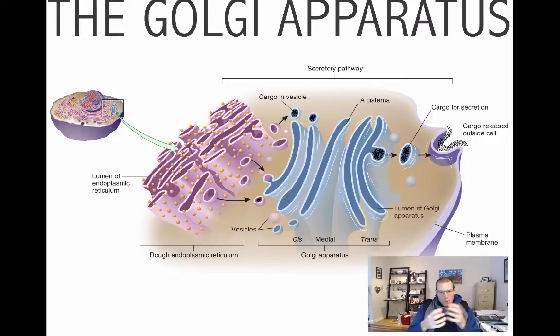So in certain cells in your body, in cells called the islets of Langerhans, you have insulin being produced at very high levels.